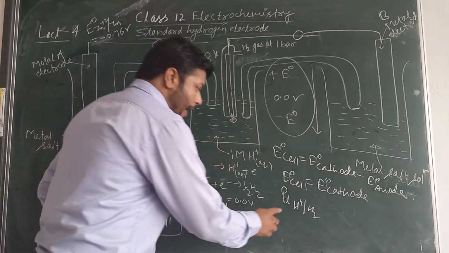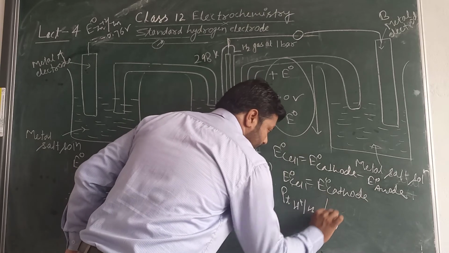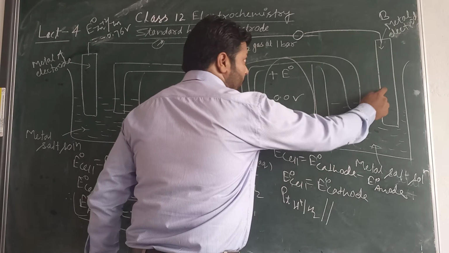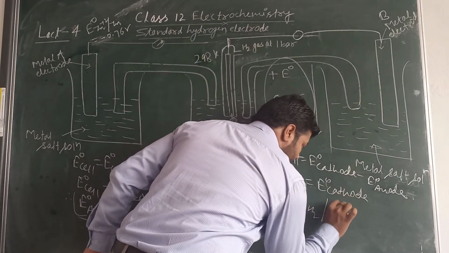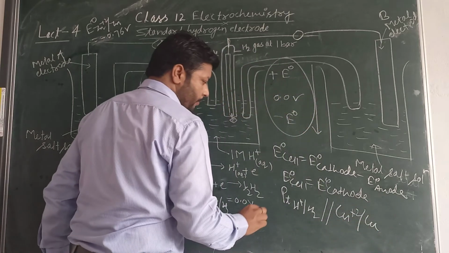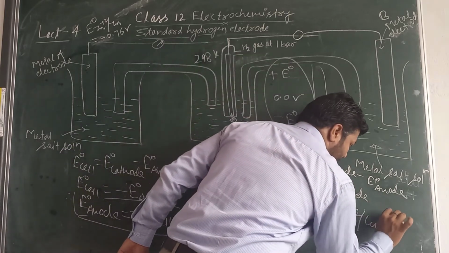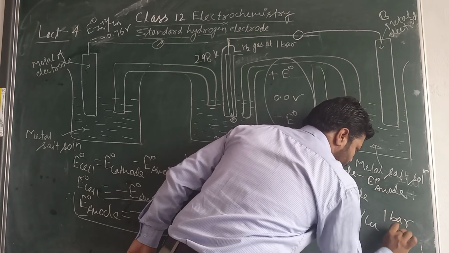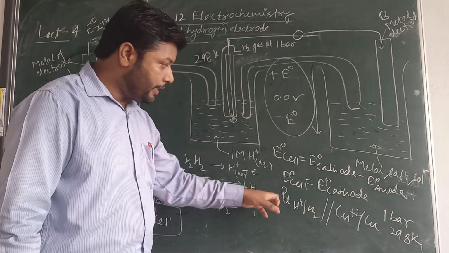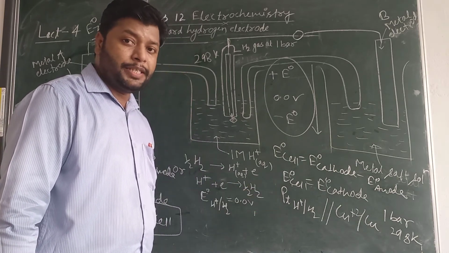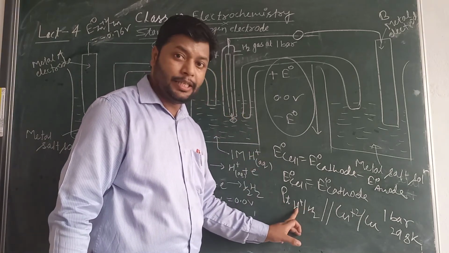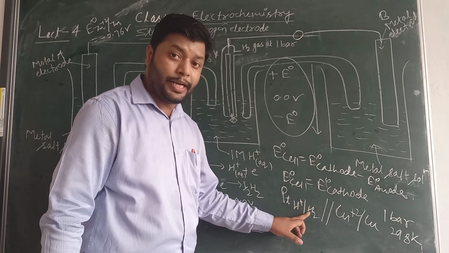Always. H plus, H2. Then this is the sign of the salt bridge. Then here is, suppose, copper. So Cu2 plus, Cu. The pressure is 1 bar. The temperature is 298 Kelvin. So look at the representation. Platinum is the electrode of the anode. Hydrogen gas is in terms of reduction, H plus, H2, reduction terms.